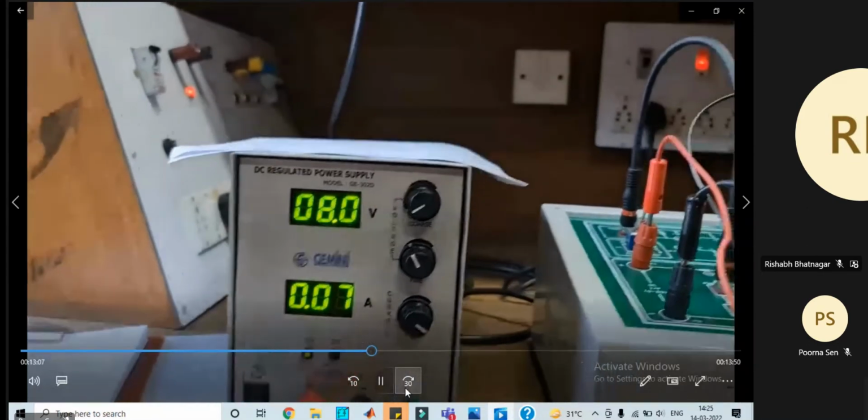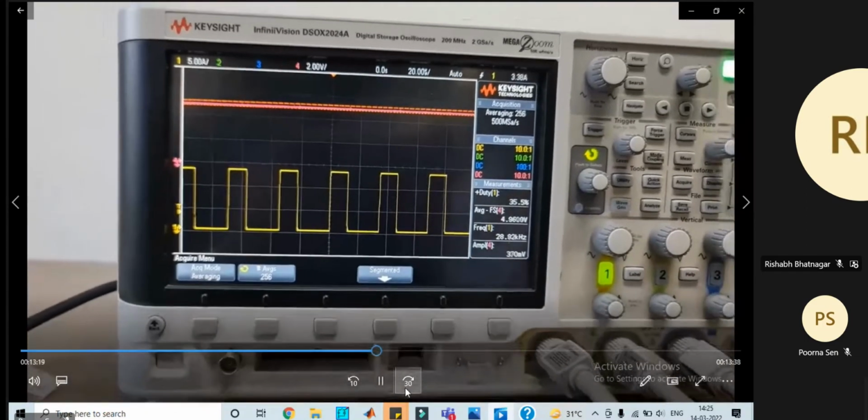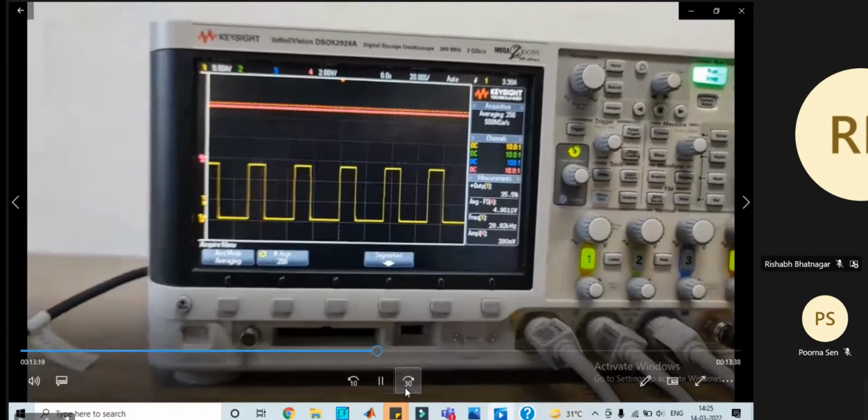Input voltage 8 volt. Duty ratio is 35.5%. Output voltage 4.961. Input voltage is 9 volt.